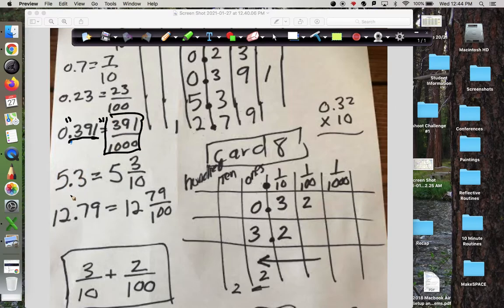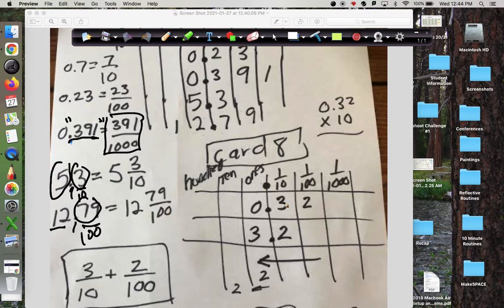This is 5, and you always just say the whole number, 5 and, this is in the tenths, 5 and 3/10. This is 12 and 79 hundredths.